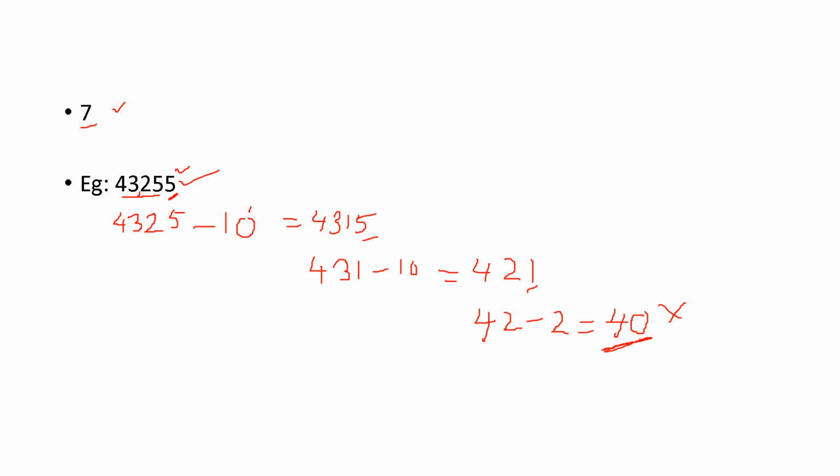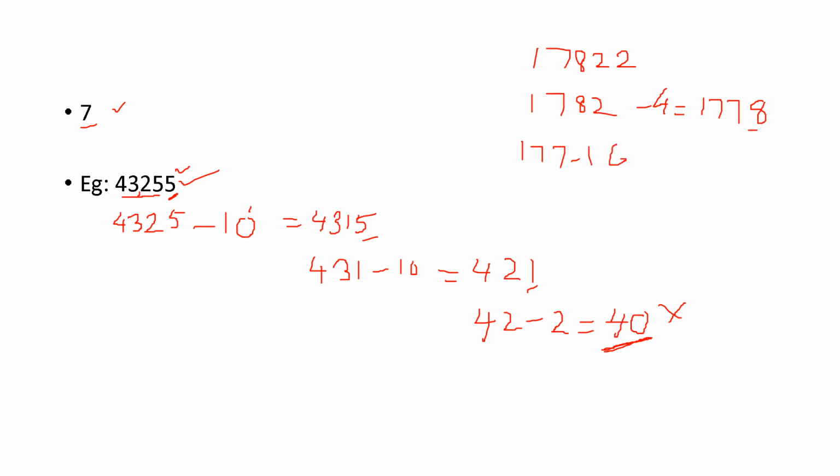Okay, let's consider one more example. 1, 7, 8, 2, 2. That is 17,822. So we have to write 1782 minus 4, and that is 1778. Right? Again, 177 minus double of 8, that is 16.